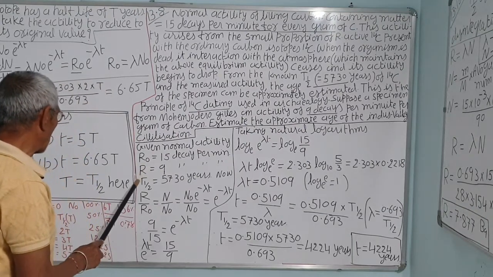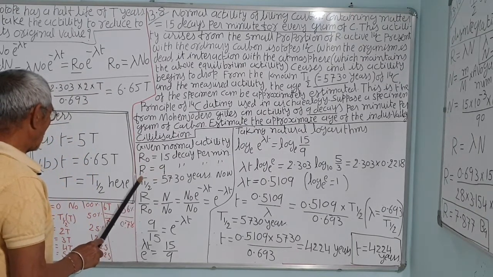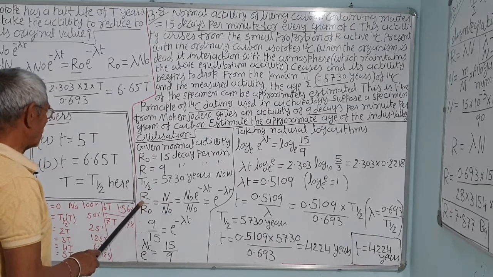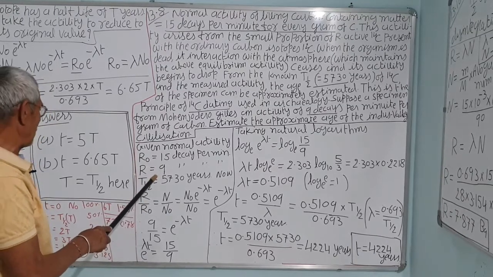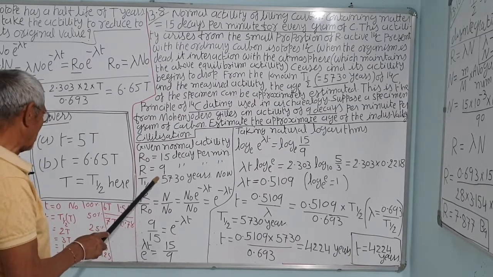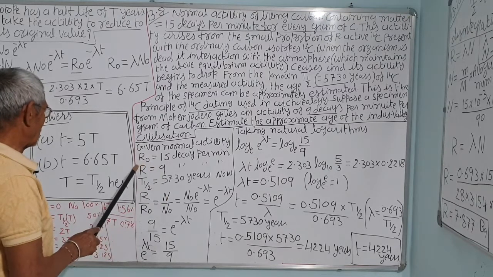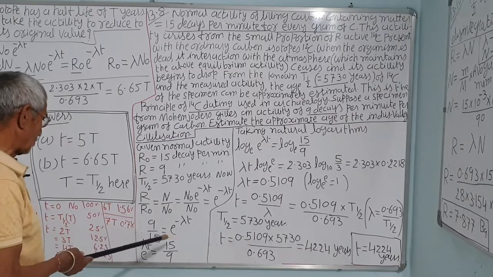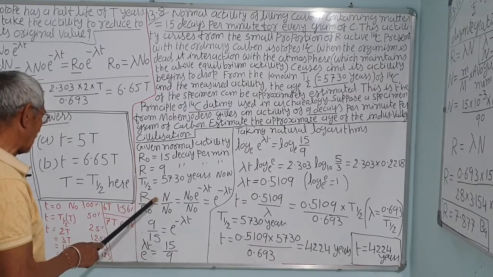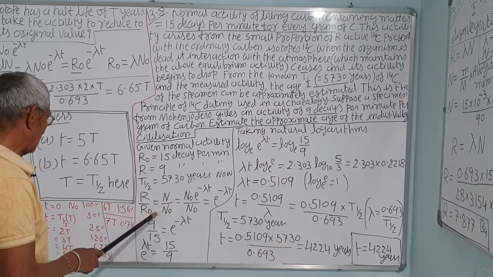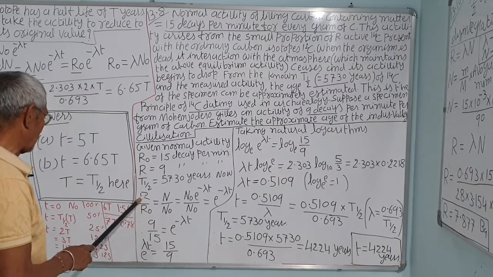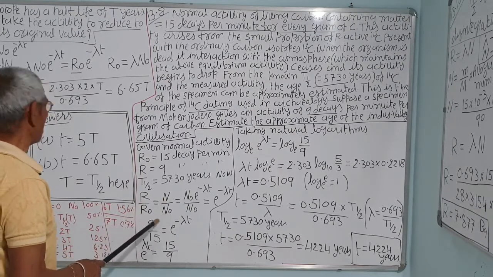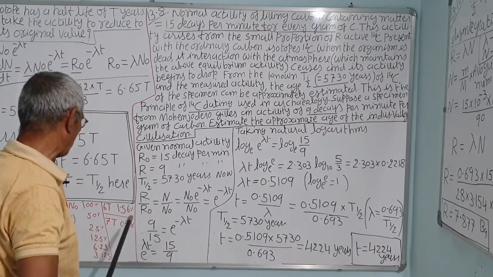So take the ratio R upon R0. R is lambda N, the present activity, and R0 is lambda N0, so lambda is common and cancels. So R upon R0 is N upon N0, as we saw in the previous example.